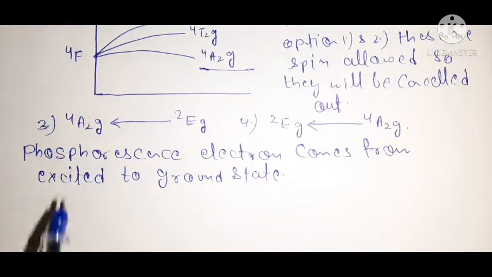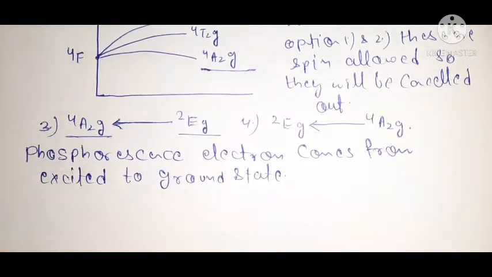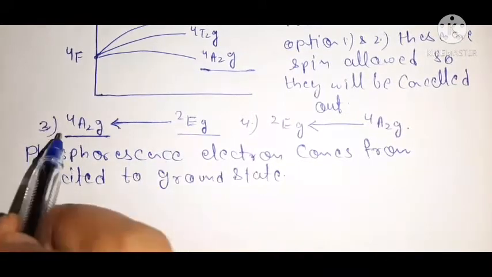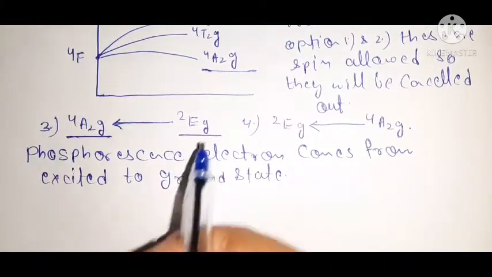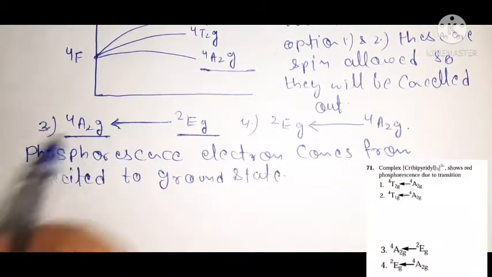So that means the transition from 2Eg to 4A2g is related to your phosphorescence, because in this condition transition arises from excited 2Eg state to ground 4A2g state.